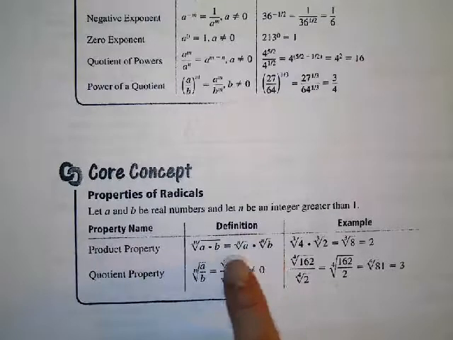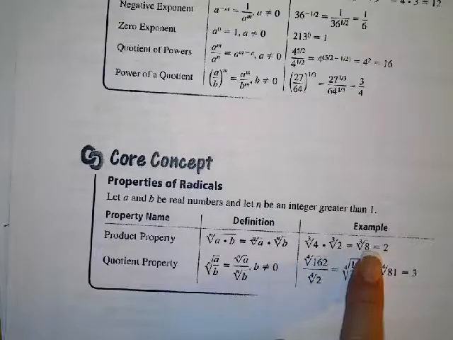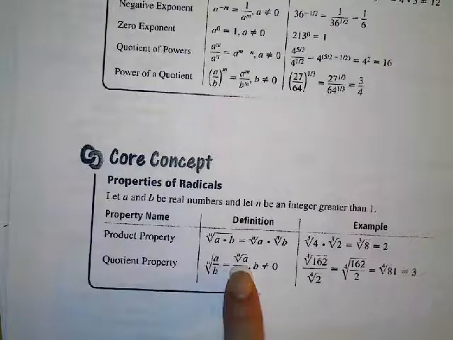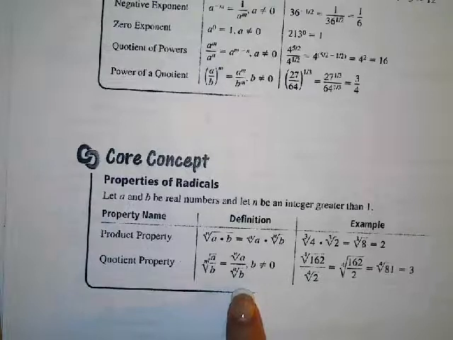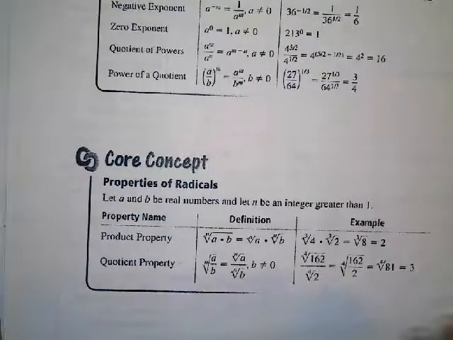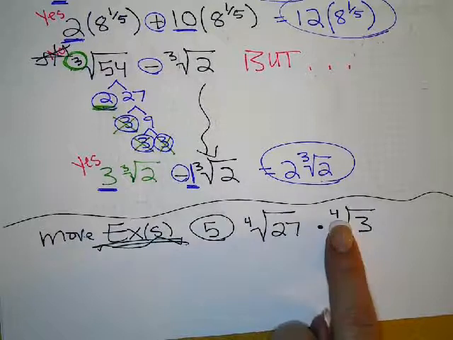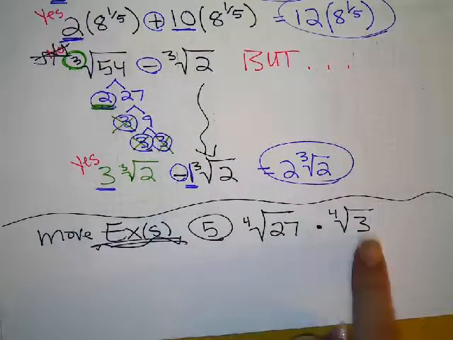Just like if I had an nth root of A divided by the nth root of B, you can divide them and get an answer. So multiplying and dividing, you just have to make sure that the radicals or the index number are the same. The numbers underneath, they're okay to be different if you're multiplying and dividing. If you're adding and subtracting, they have to be the same.